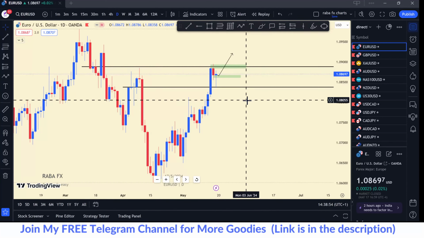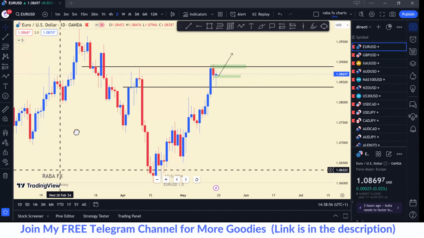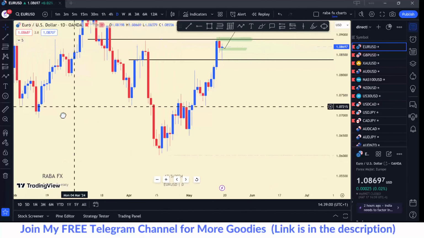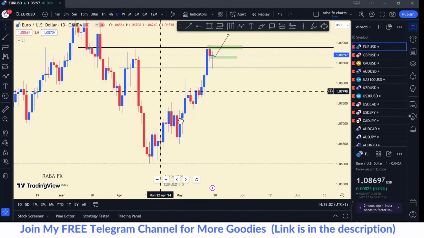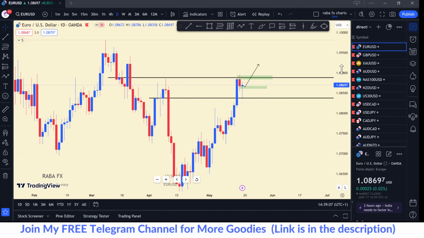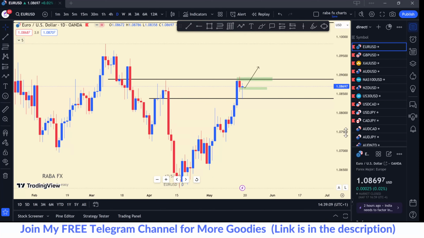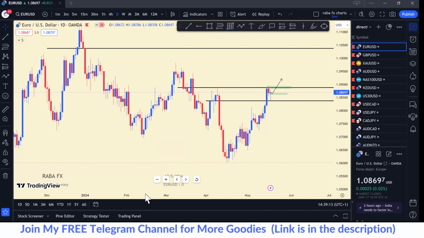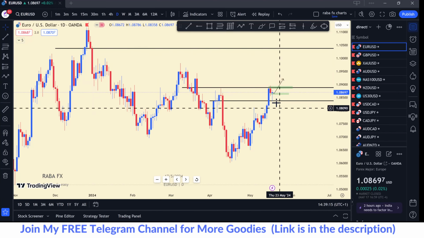And if you want to learn more concerning the way I look at things, how many of you have seen that I don't look at market structure in my analysis? Because market structure is full of confusion. As a beginner, you get confused because you can analyze using market structure one way and see a bullish market, the other way and see a bearish market.